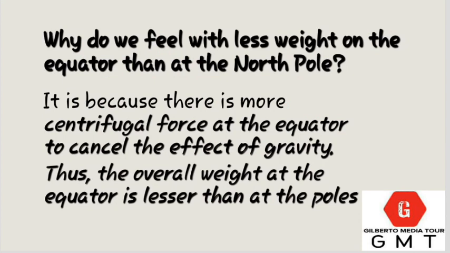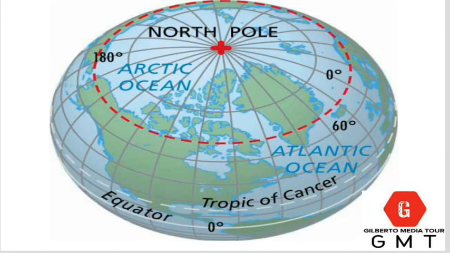Thus, the overall weight at the equator is lesser than at the North Pole. If at the equator the gravity is low and the centrifugal force is high, it means it is easy for an object at the equator to have less weight, as weight equals mg.